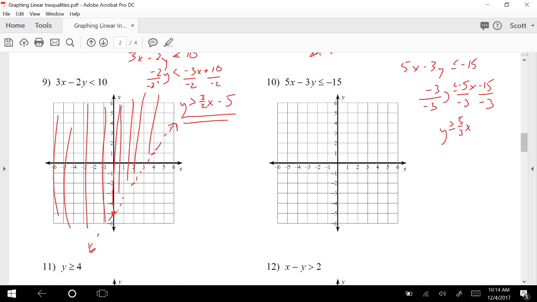Negative 15 divided by negative 3 is positive 5. So our y-intercept is positive 5. If we were going to the right, we'd go up 5 over 3. But the opposite of up 5 over 3 would be left or down 5, left 3. And this is going to be a solid line. And we know y is greater than that, so we go straight up from the line.